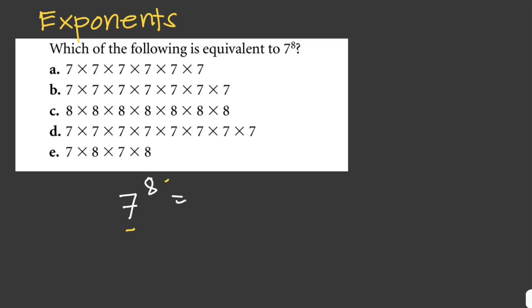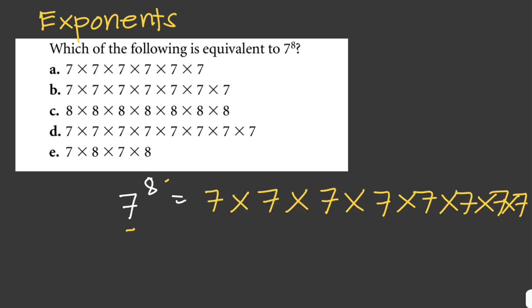So that means 7 is multiplied by itself 8 times. Now let's take a look at the options here. So it should be 8 times. So that means D fits as the answer to the problem. So the answer is letter D.